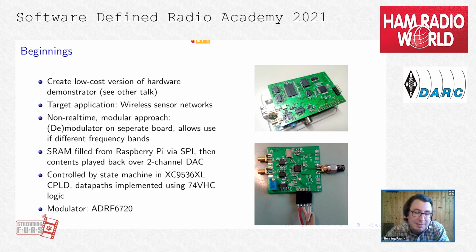My idea back then was to use a Raspberry Pi as a computing device and equip it with a FIFO and an ADC, and later hook this up to a modulator that would be able to transmit arbitrary signals in non-real time over a 2.4 gigahertz transceiver, or in this case, transmitter.